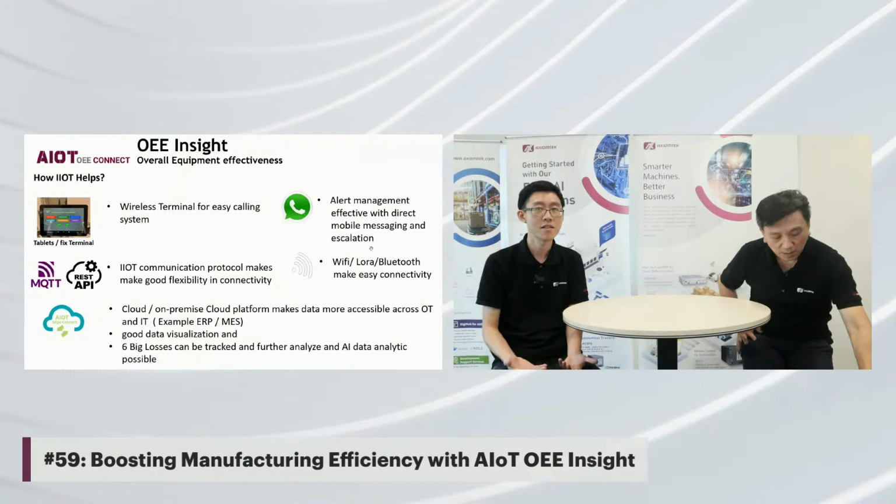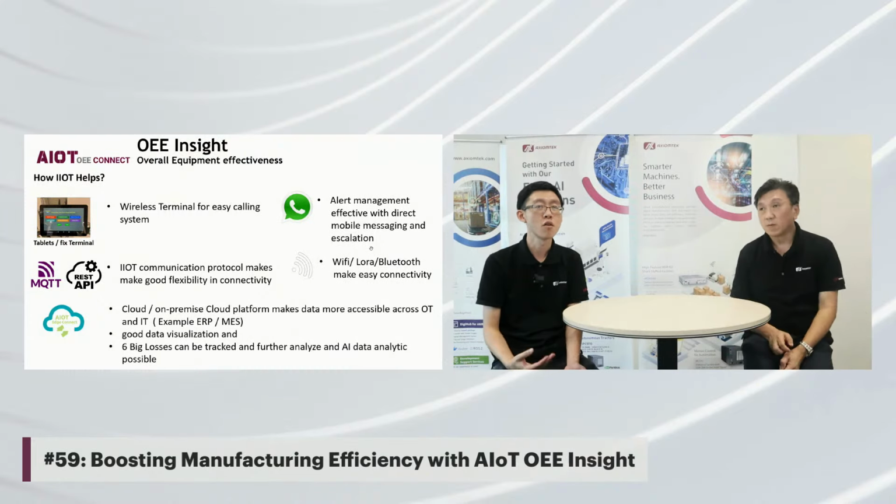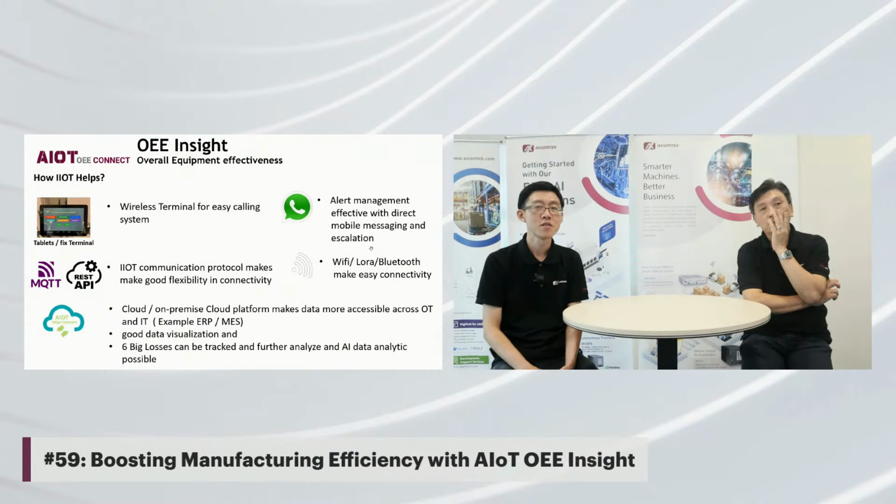It's a calling system where the operator can call for help or call for some request. So it's something like an add-on. Okay, and then on the right hand side we have the alert management. Whenever something abnormal occurs or when the operator calls for help, we can use it to send the alert message through WhatsApp to their supervisor or the person in charge.